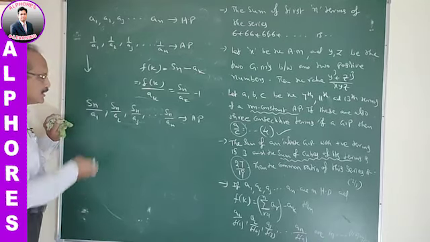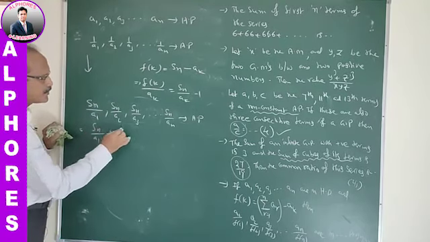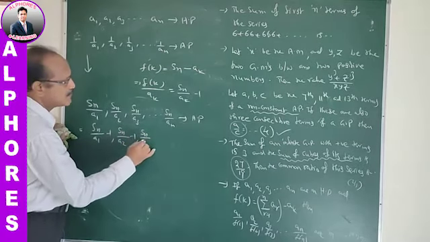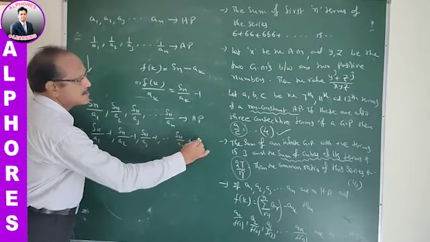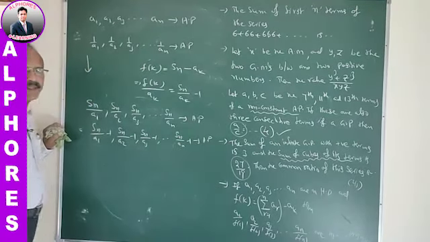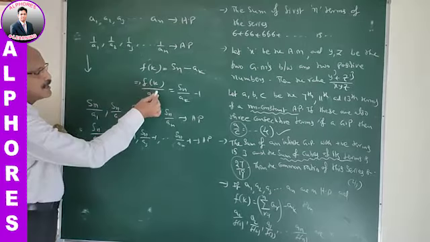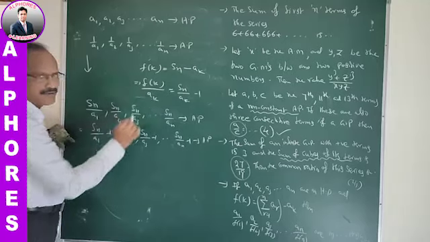That is, I am subtracting 1 from each term: S_n by a3 minus 1, like this, S_n by an minus 1. It is also in AP. S_n by a1 minus 1 gives f of 1 by a1.